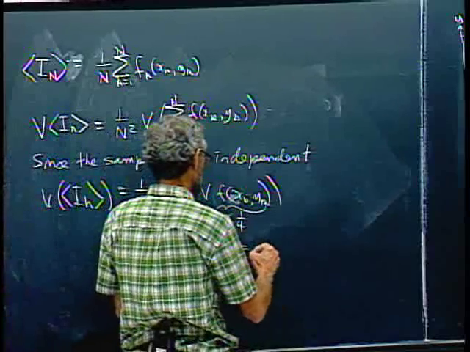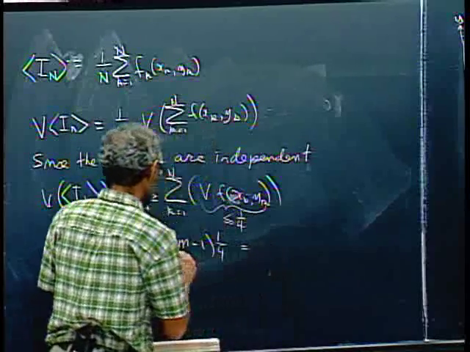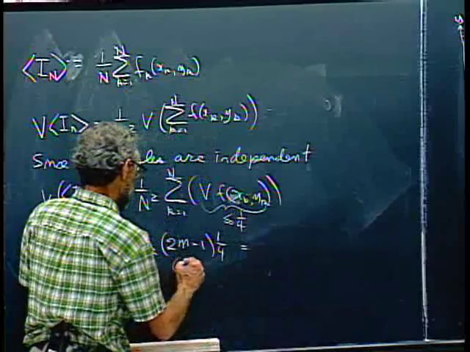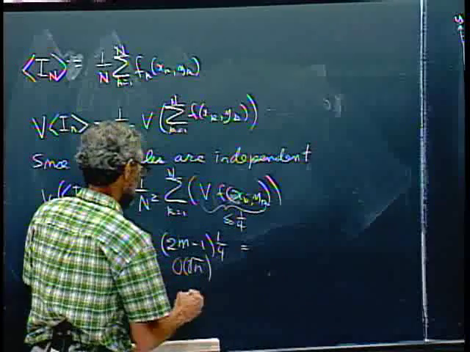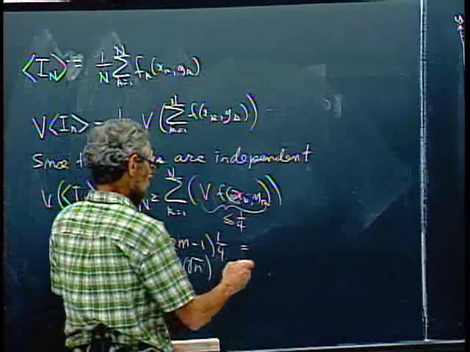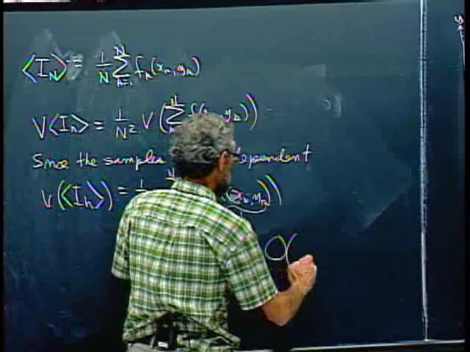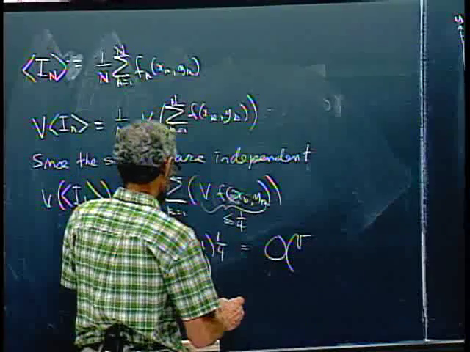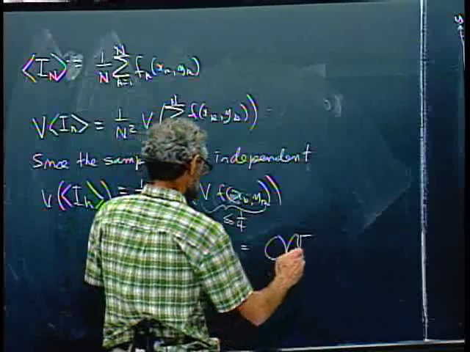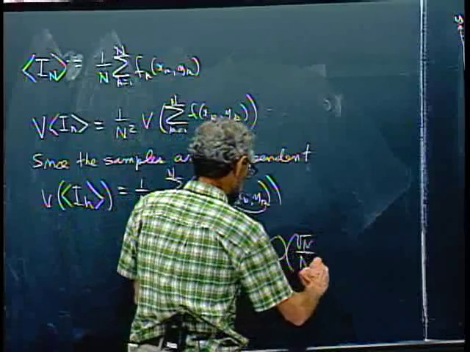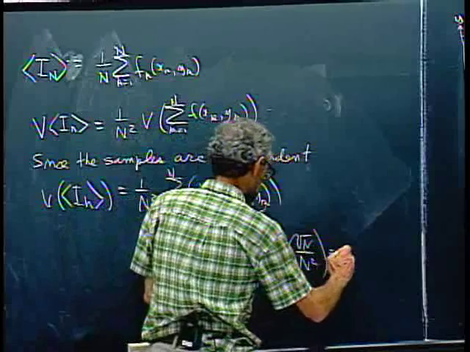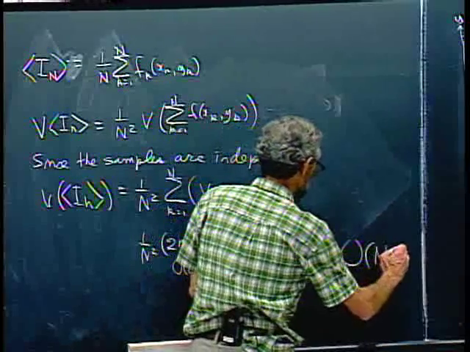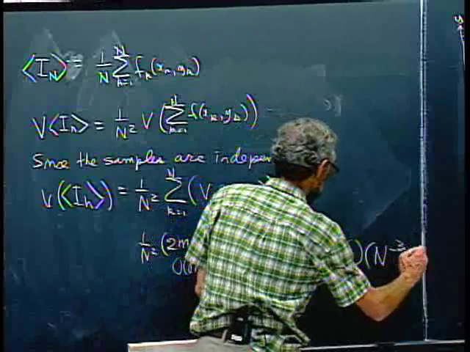And since this is O of the square root of n, we have the variance going as the square root of n over n squared, which is really big O of n to the minus 3/2.